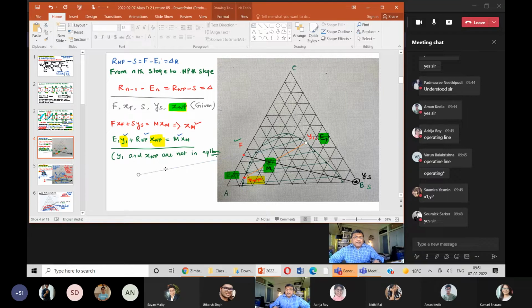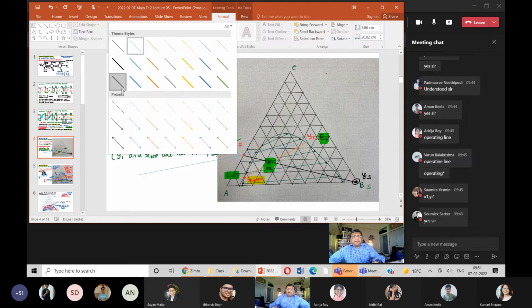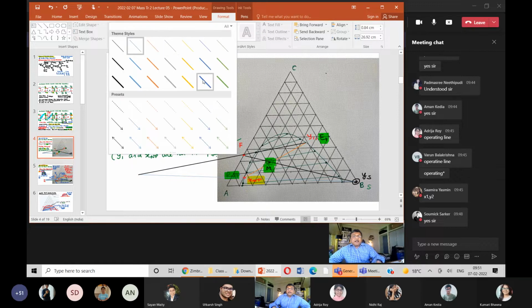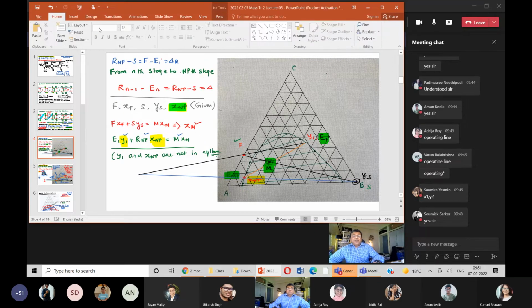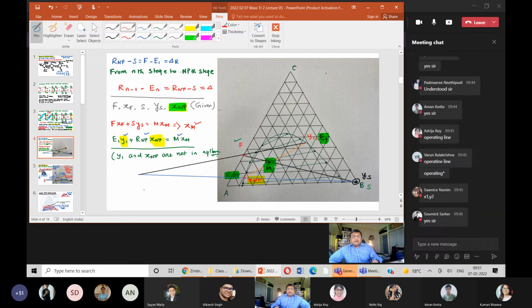So how do you get the difference point? You get the difference point by joining E1 F and extend it, and also join S R and P and extend it, right? So this way you get the difference point, right?